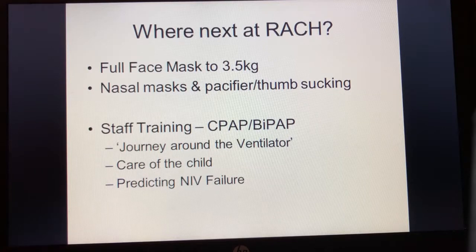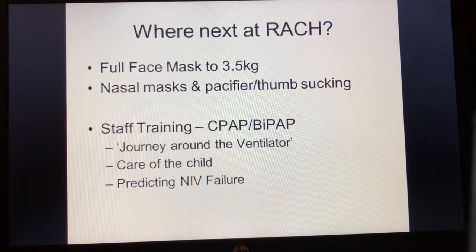You might remember from the table of interfaces that for acute respiratory failure, nasal masks are not commonly used, but if the mouth is closed and the leak is reduced, it could become an appropriate modality, and we're exploring this in infants who like to suck either their thumb or a dummy, and see if we can use a nasal mask. We think a nasal mask is more comfortable, therefore requires less sedation, and therefore perhaps enables a quicker recovery and earlier discharge.